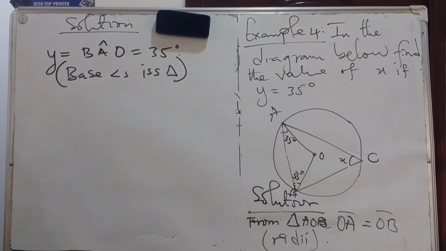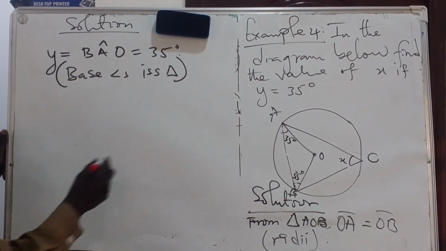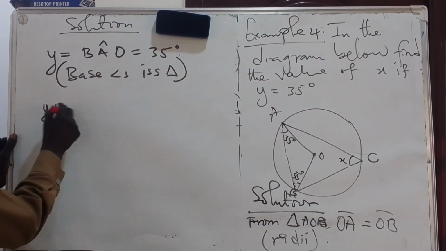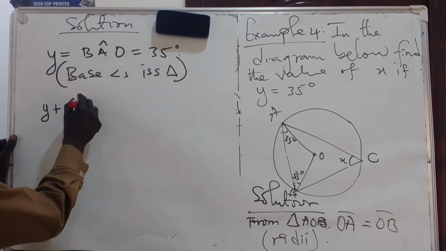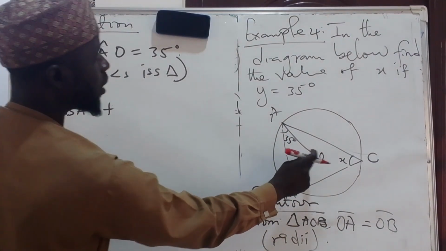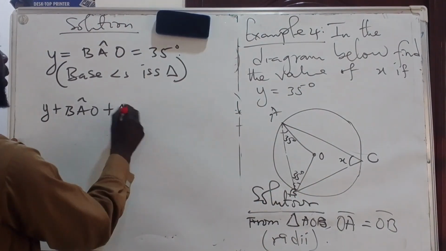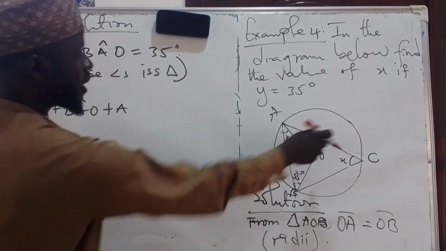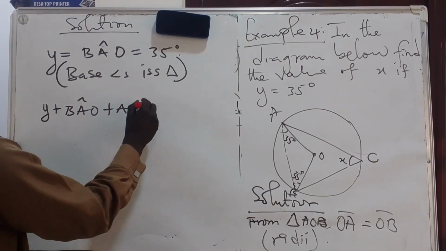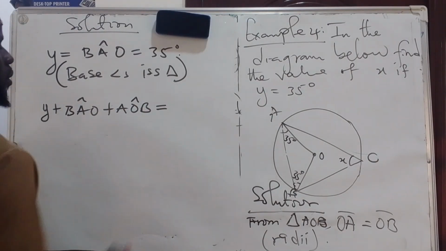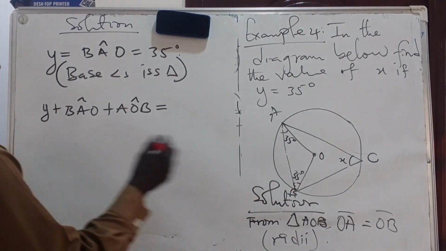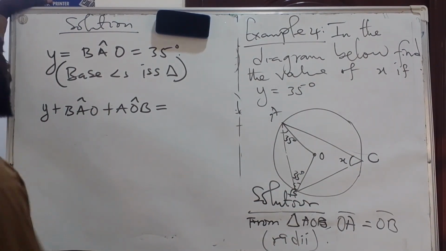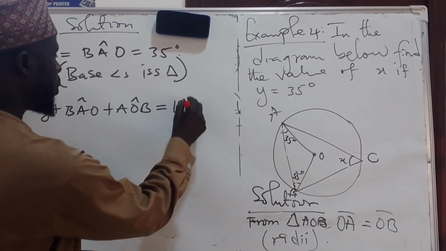But remember, this is a triangle, and therefore angle y plus angle BAO plus this angle, which is AOB, not the reflex angle, because I'm making reference to this triangle and therefore I'm not going outside, is equal to 180 degrees.